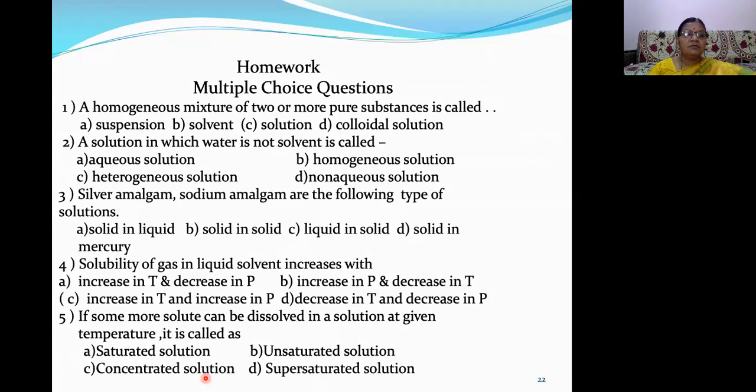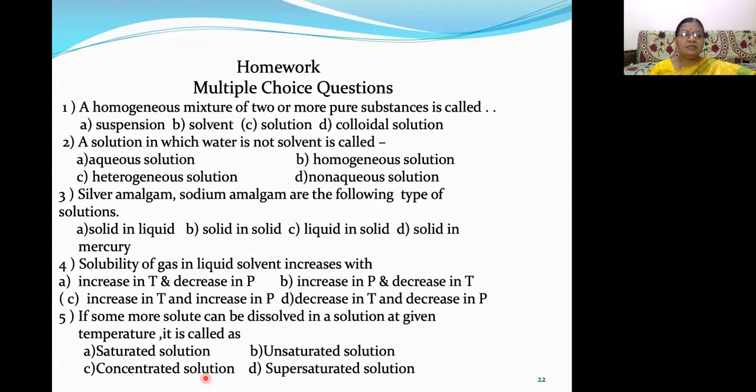Solubility of gas in liquid solvent increases with. Now you know the effect of temperature and pressure on the solubility of gas in a liquid solvent. The options given are: increase in temperature and decrease in pressure. Second option, increase in pressure, decrease in temperature.